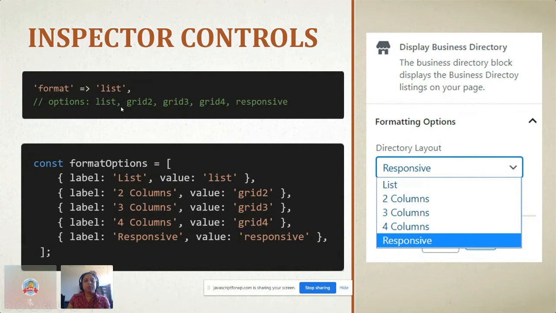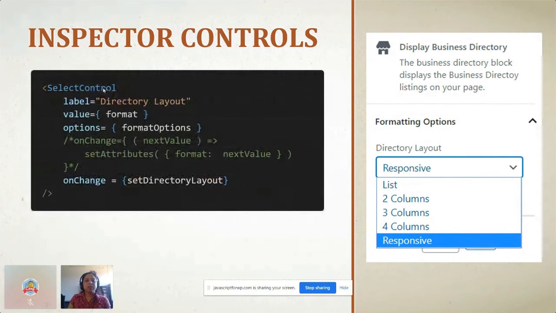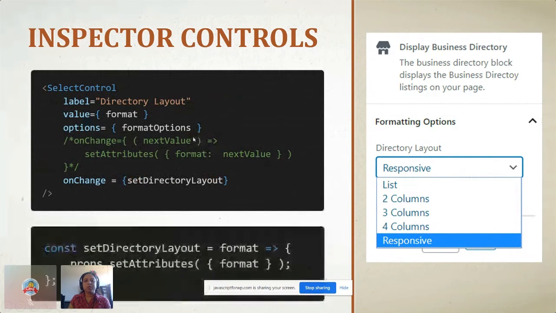So we took all these options and put them in a format options variable and passed that into the select control. It's a simple drop down, and when the option changes, the format takes in the new value. This could be done either way. We could either call a function to set the value of the format, or we could use set attributes right here inside the select control.